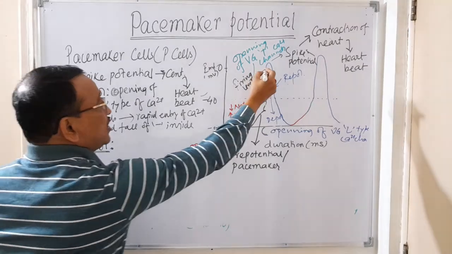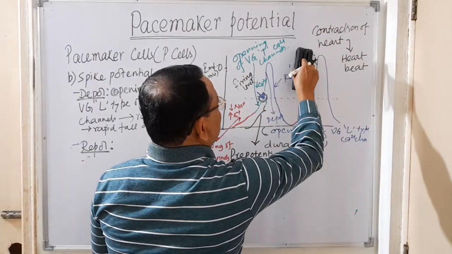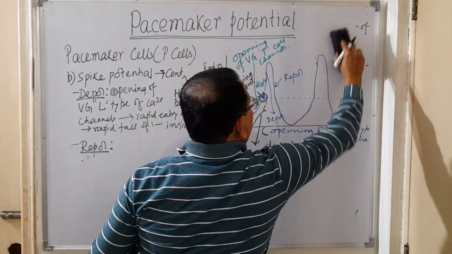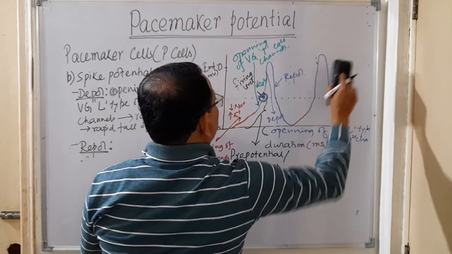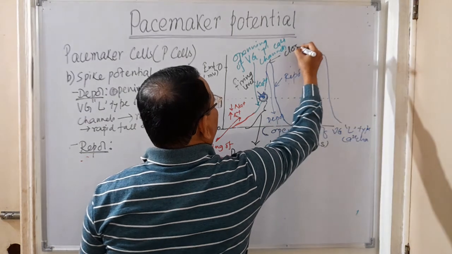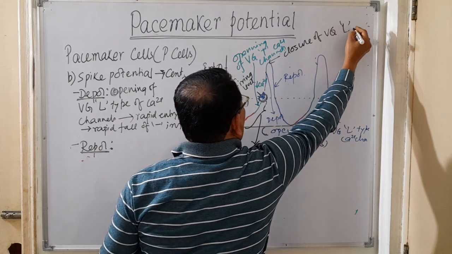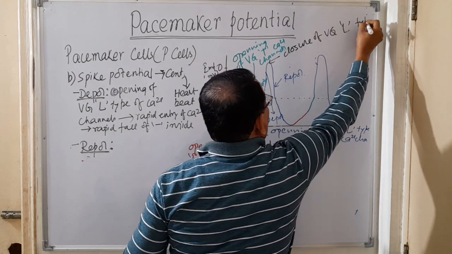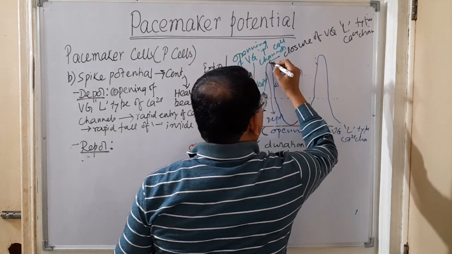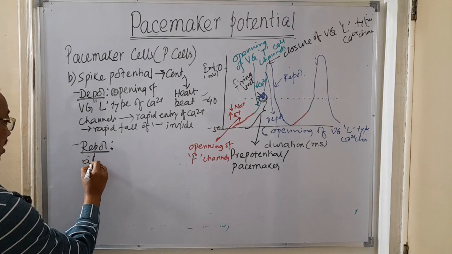Once the inside electronegativity is completely reversed, there is a closure of voltage gated L type calcium channels. So at the peak, what happens?